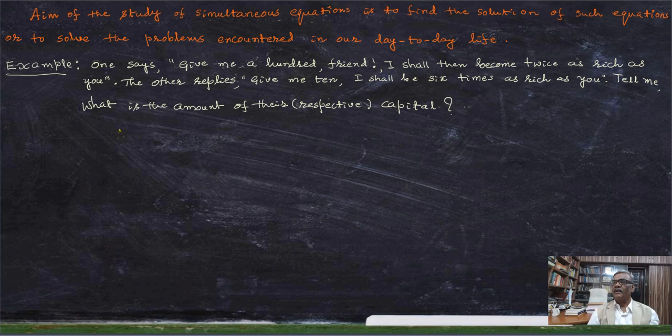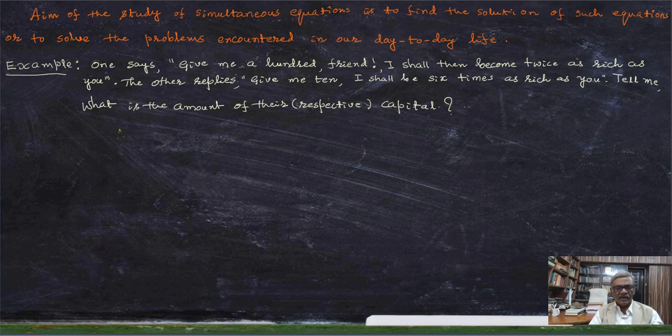This example is taken from the Bijaganita of Bhaskaracharya of the 12th century, and he also considered various types of equations in a single variable, equations in two variables, even three variables, etc. He also considered some quadratic equations.